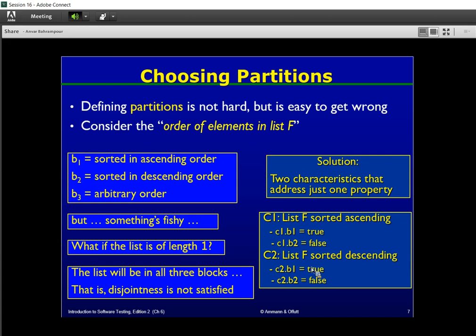As I said before, we could have several characteristics to partition the domain and choose our test sets for each partitioning.